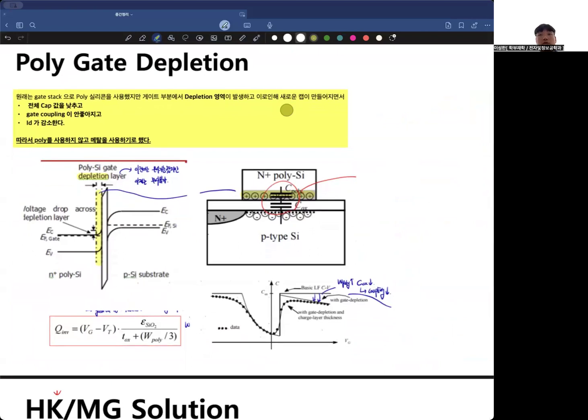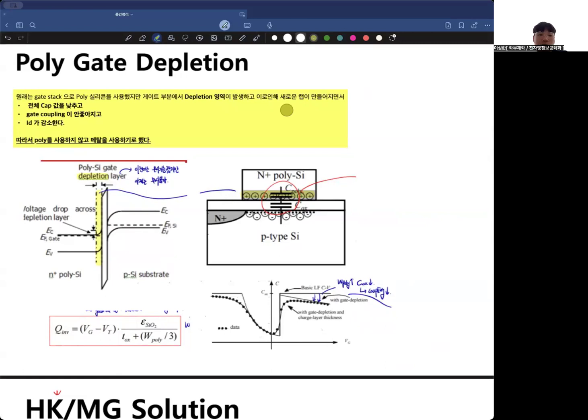So it makes another parasitic capacitance and reduces the total capacitance. Total capacitance reduction means gate coupling goes down, and it makes a lot of leakage current and reduces the drain current. So we solve this problem.